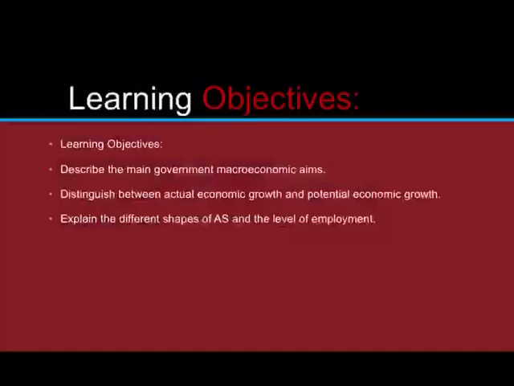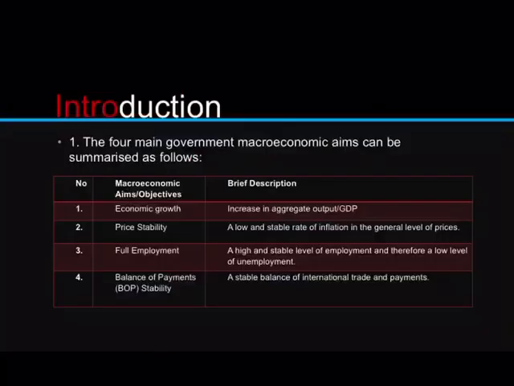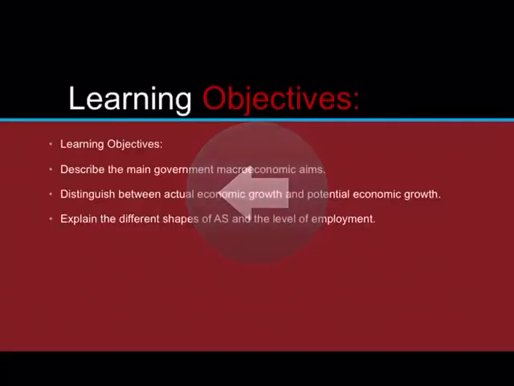The third is achieving full employment, meaning 95% employment in the labor force. The fourth will be achieving a surplus or balanced balance of payment. That is the first thing that you have to know.